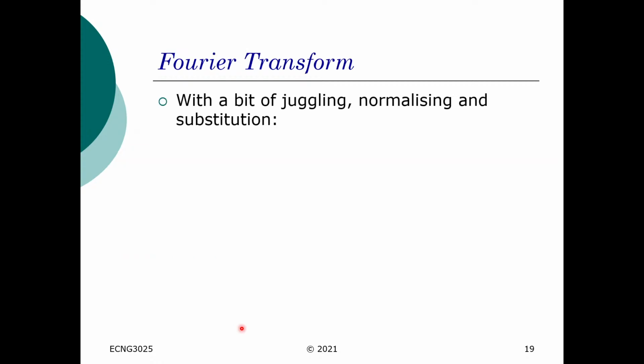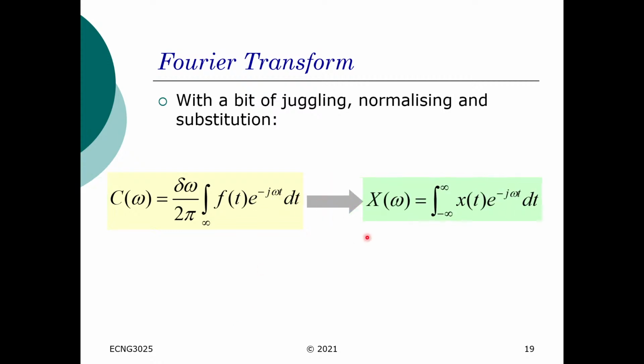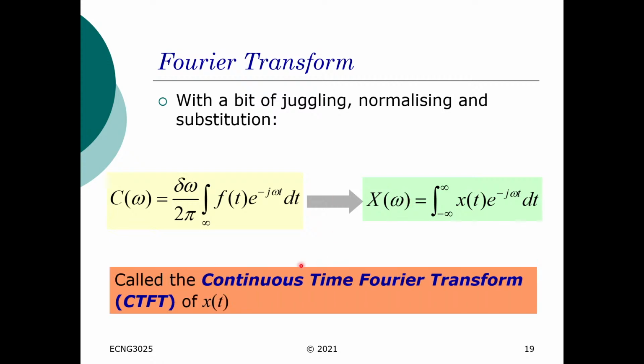And if we modify the equation a little bit, if we juggle it, normalize, and substitute it, that C omega equation can be represented as X of omega, equal to the integral between positive infinity and negative infinity of x of t, being our original continuous time signal, multiplied by e to the minus j omega t dt. And this equation is what we refer to as the continuous time Fourier transform of our non-periodic signal x of t.